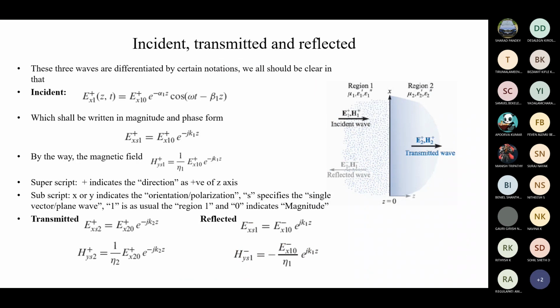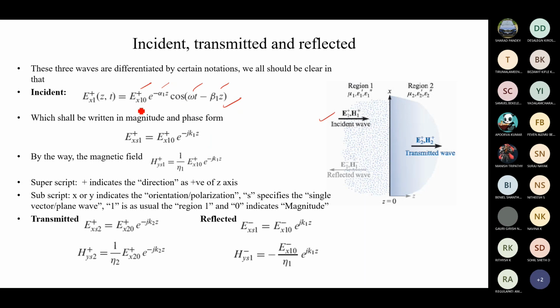For this, first we define properly how the incident or primary wave is described. The primary wave is nothing but the basic wave equation, which describes the magnitude and the loss. If it is a lossy medium, we introduce alpha, and omega and beta are common.